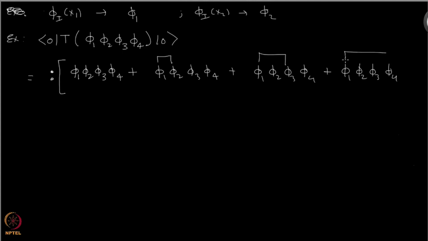Now 1 will get contracted with 4. Then you have the possibility of 2 getting contracted with 4; in the earlier one 2 was contracted with 3, and this one is 2 with 4.